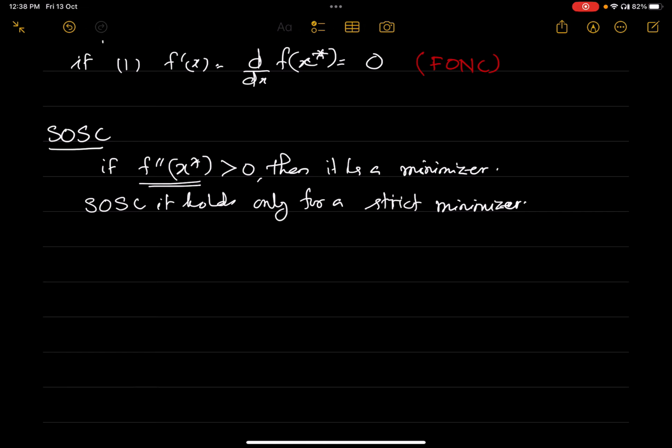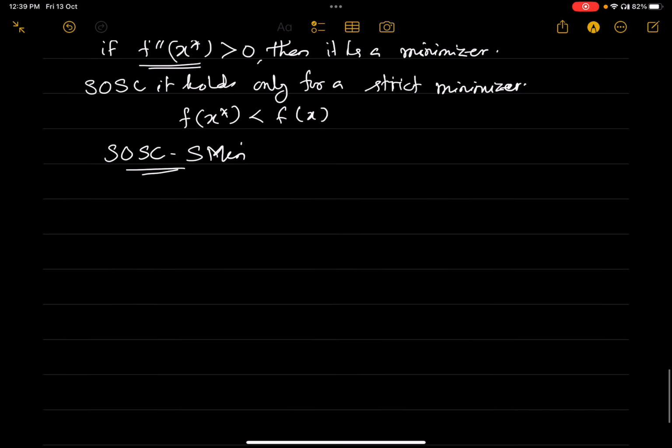If we go to our lecture on minimizers, both global and local, a strict minimizer is a point which satisfies this condition: f of x star is strictly less than f of x at that particular point. So SOSC holds only for a strict minimizer.